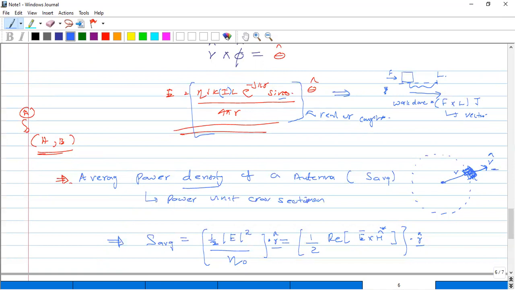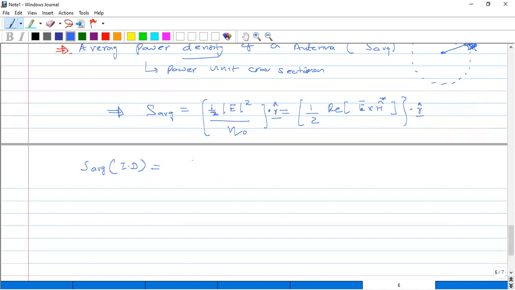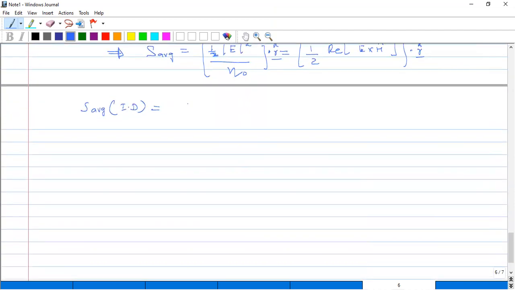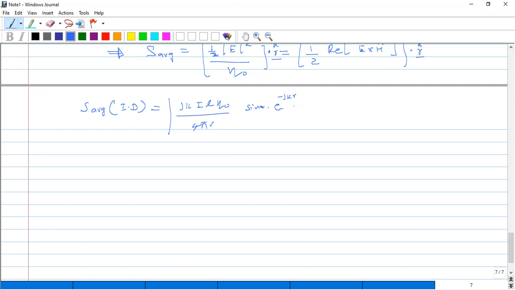So this is the magnitude of the vector, and if you consider the magnitude of current, you will get the absolute value. So its average will be the magnitude of these terms: jkIl neta naught over 4πr sin theta e to the power minus jkr, and you have to get the magnitude, and this is in r hat.